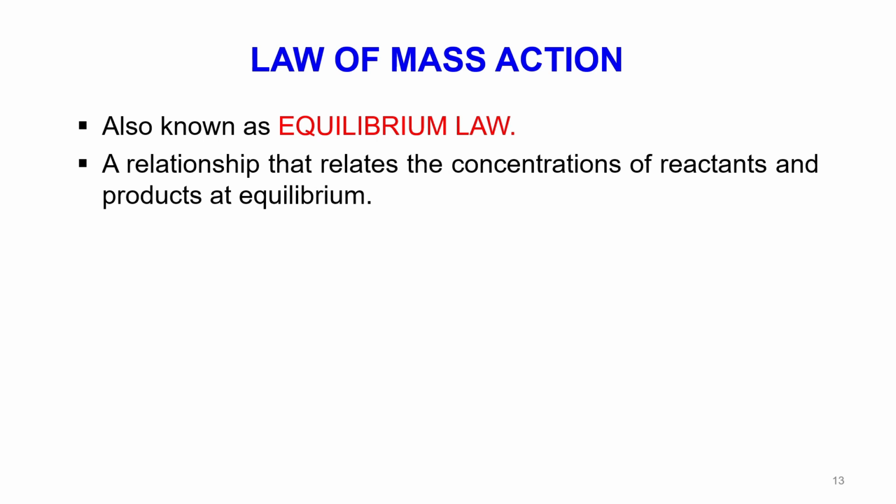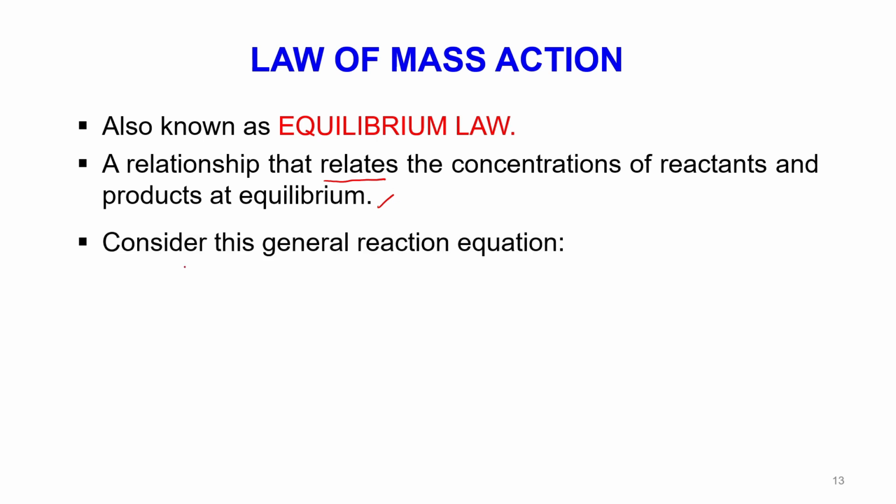Okay, hukum tindakan jisim. It is also known as equilibrium law. Okay, keseimbangan, hukum keseimbangan. So it is a relationship that relates, okay, hubungan yang menghubungkan concentration of reactant and products at equilibrium. Okay, consider this general reaction equation.